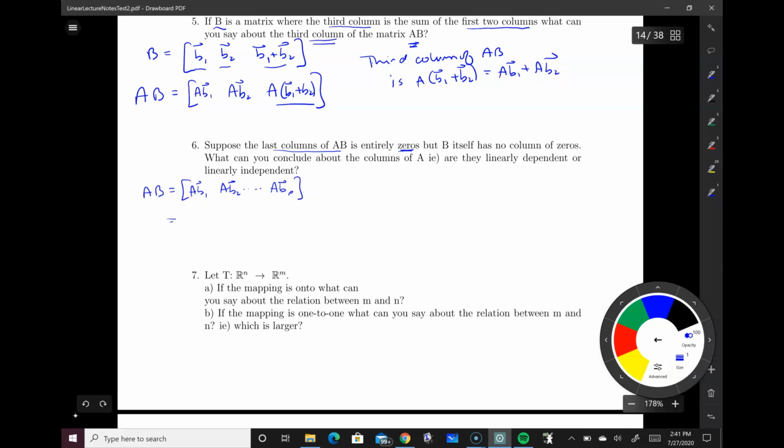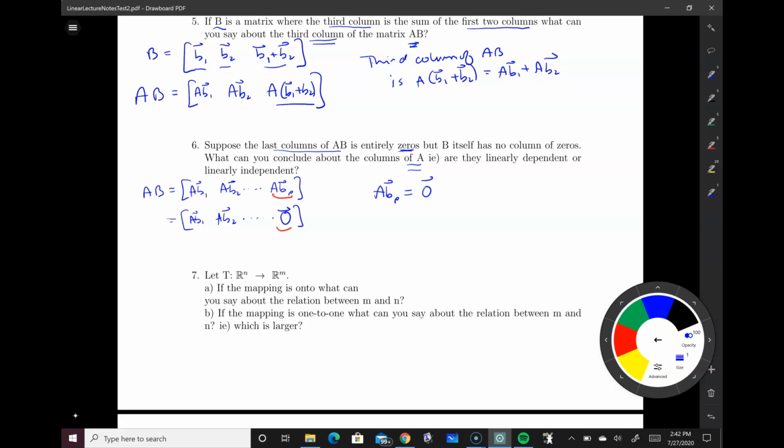What they're saying is that this last column is all zeros, which means it's a column vector of zeros. So what can you conclude about the columns of A? From this, I know this is equal to this, correct? So let's write that off to the side: ABP is equal to the 0 vector.